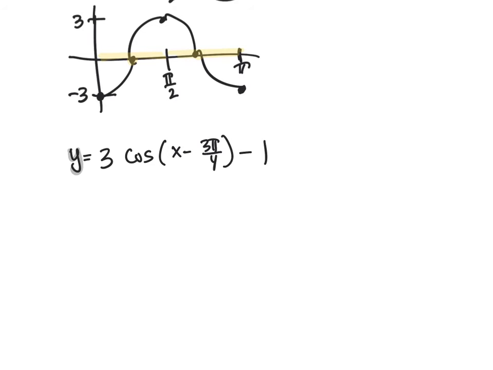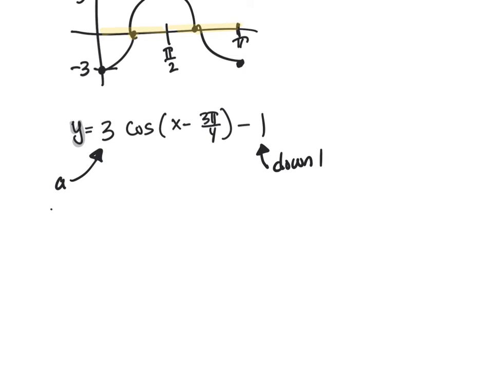When I see this, the very first thing I'm noticing is that a is 3, and the part over here means to go down 1. So that's pretty straightforward. My period is 2 pi divided by b. In this case, b is 1, so my period is 2 pi.